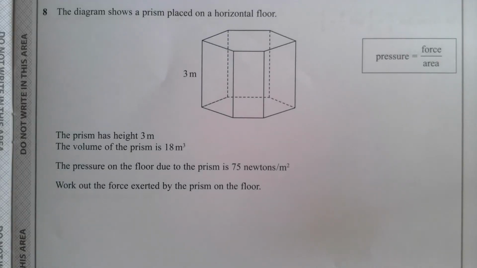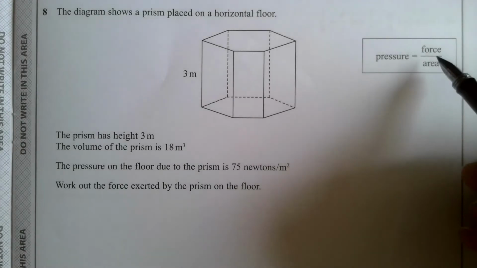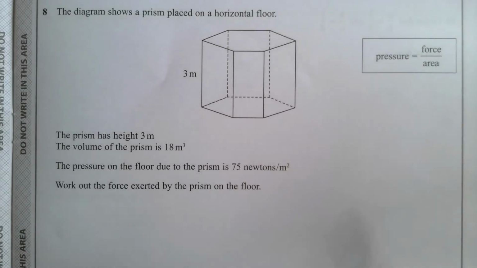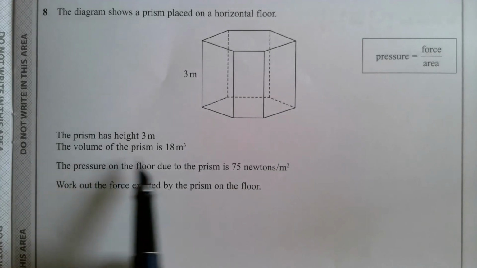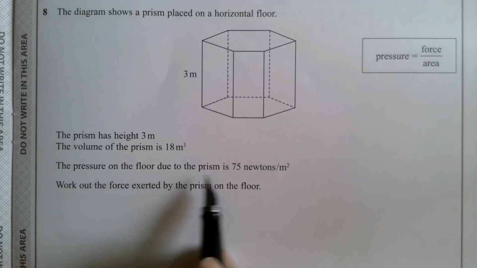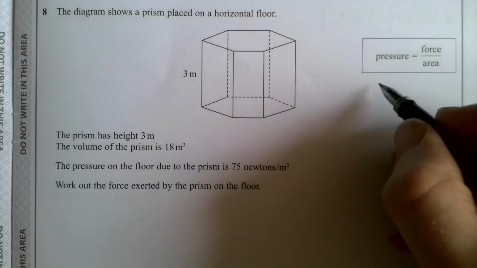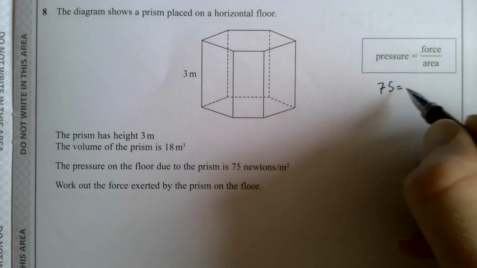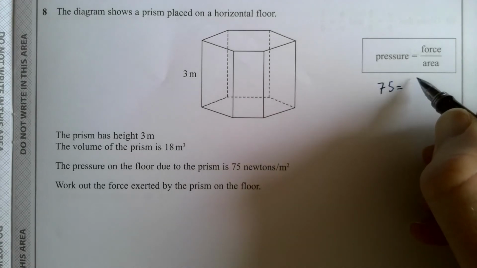Question 8. So the prism's got a height of 3. We know the pressure is the force divided by the area. They're telling us the volume is 18 cubic meters. So it says the pressure on the floor is 75. So I know that the pressure, 75, equals the force divided by the area.